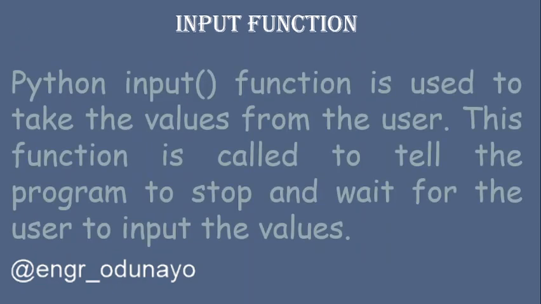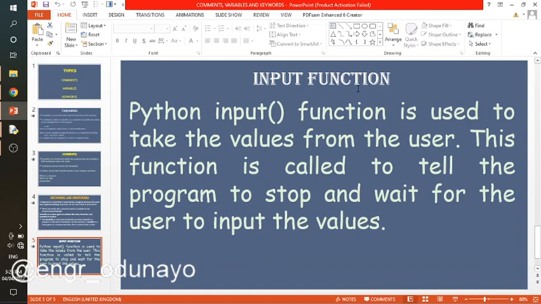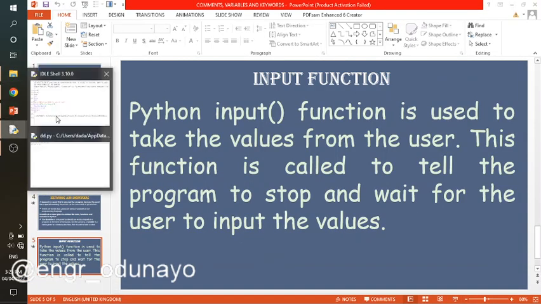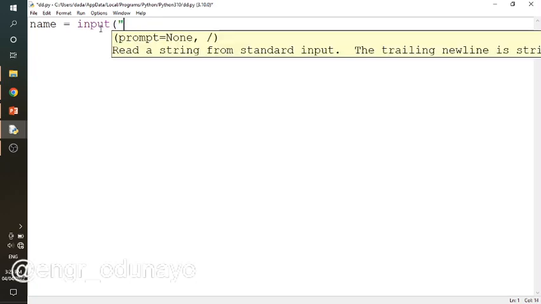Now look at the input function. The Python input function is used to take values from the user. This function is called to tell the program to stop and wait for the user to input the values. Let's take an example. Let's say I want to get your name. I can say name is equal to input. Now you want to get a value from the screen, so you should prompt the user to enter the values.